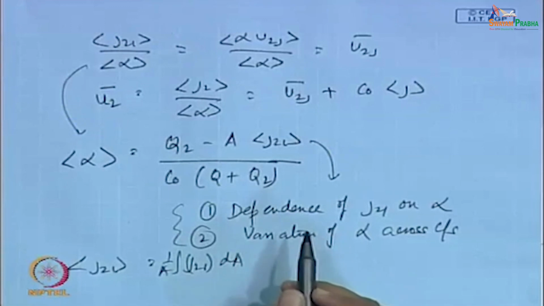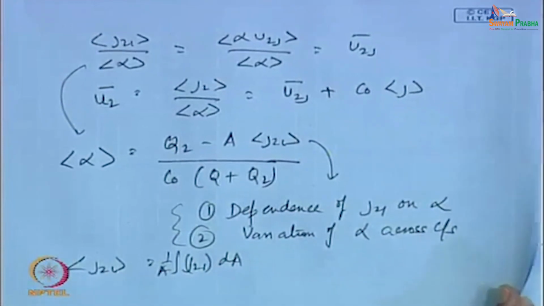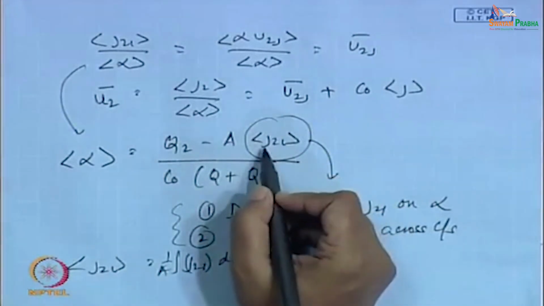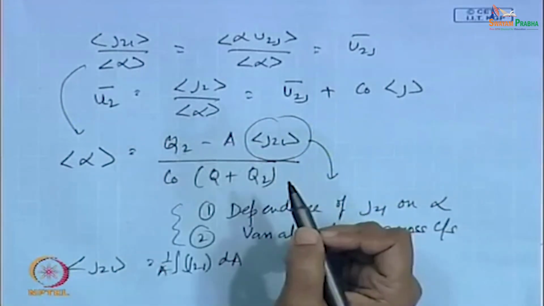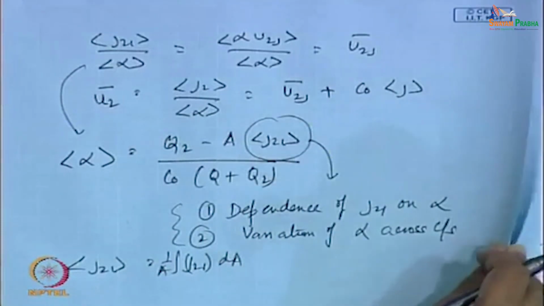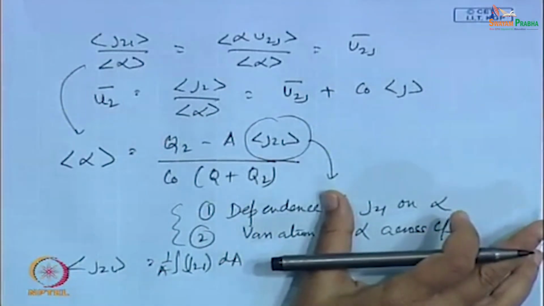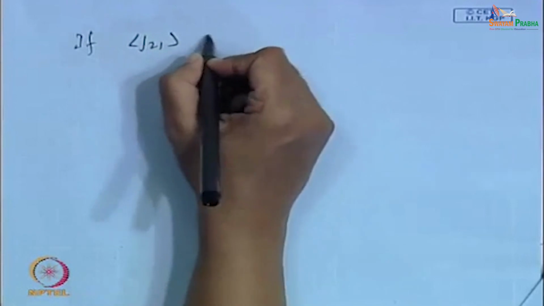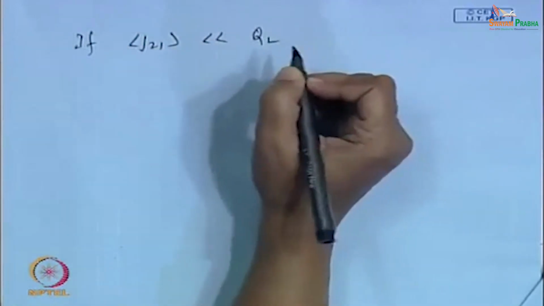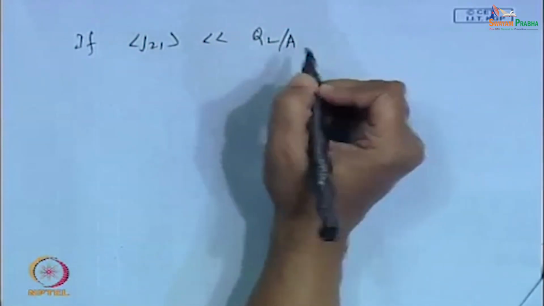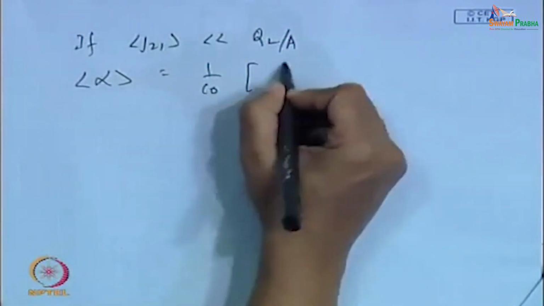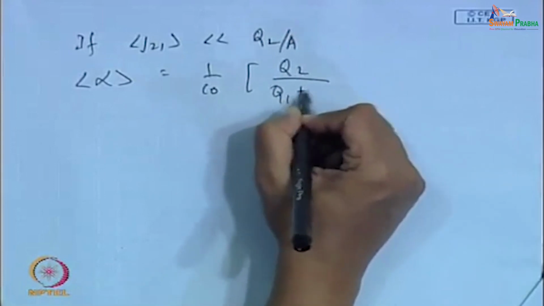One more thing that we also know is, suppose J21 is much smaller as compared to Q2. If J21 is much smaller, then what happens to this particular expression? If your J21 is much less than Q2 by A, then your alpha becomes 1 by C0 times Q2 by Q1 plus Q2.